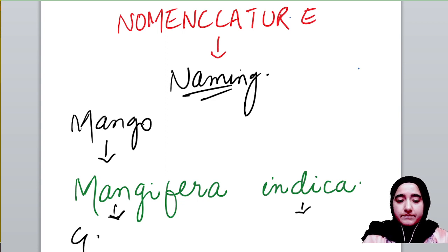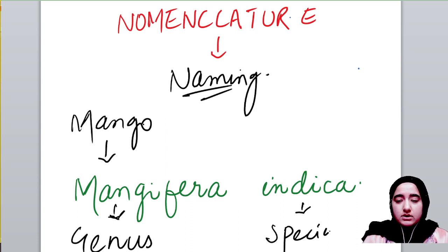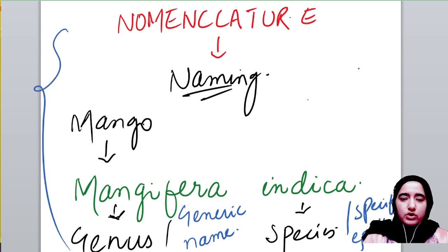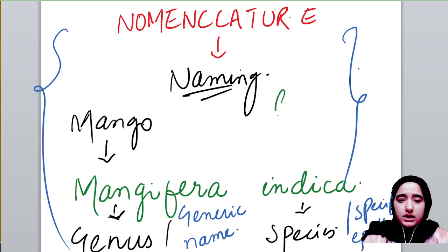Mangifera is the genus, or in other words the generic name, and indica is the species, or the specific epithet.